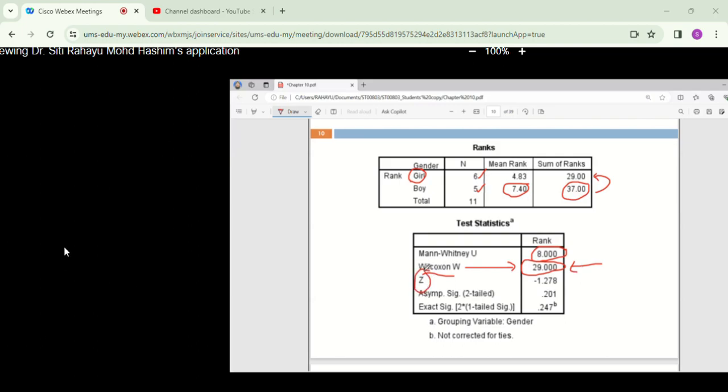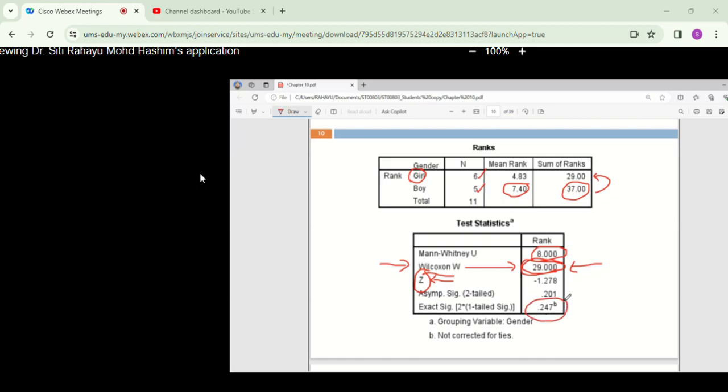Okay, I don't want to teach you that because it is not important for you. For the mathematics student, yes, it's important for them. But for the biotech student, it is not important to know how we standardize it. Okay, all right. So once we standardize the sum of ranks, 29, it becomes statistic Z. Right? Why do we need to normalize it or standardize it? Because if the statistic remain as Wilcoxon W statistic, we cannot find the p-value.